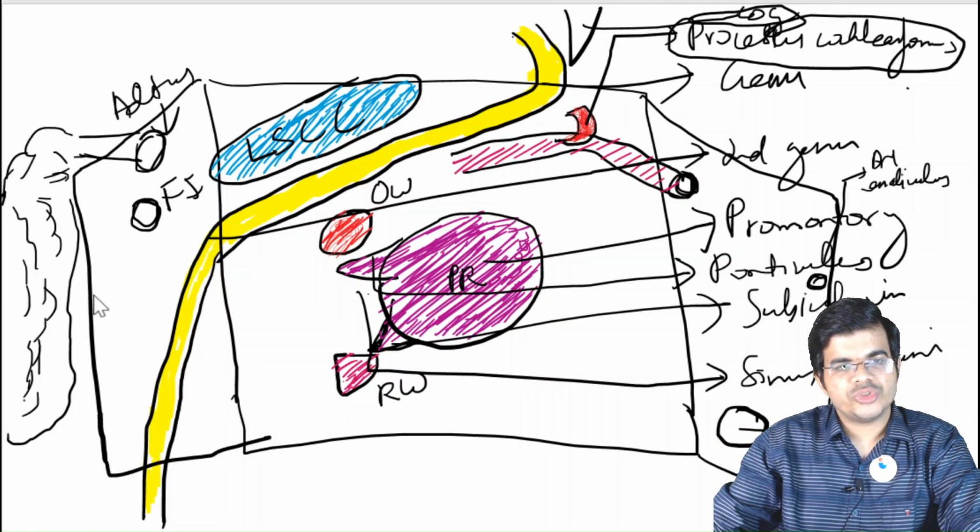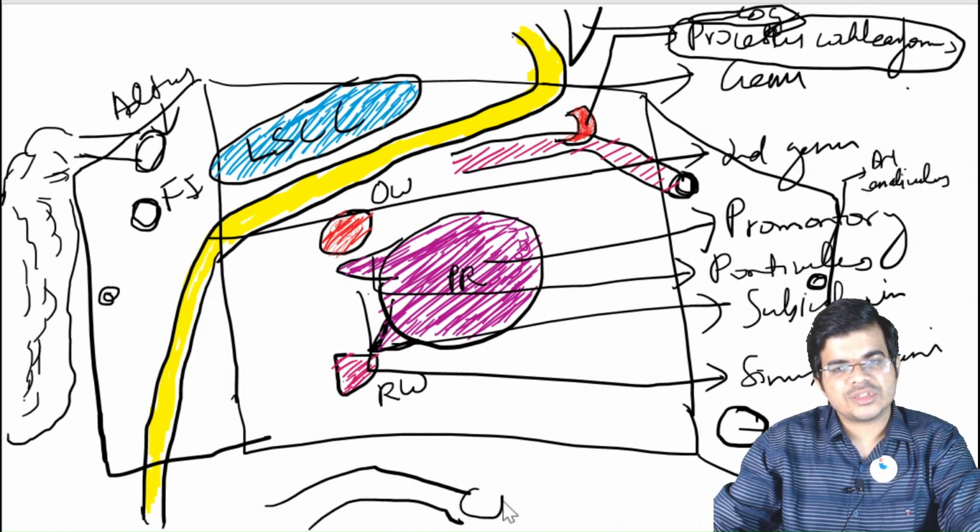This arises just before the facial nerve exits through the stylomastoid foramen. If this is the facial nerve, you will have the chorda tympani coming like this.